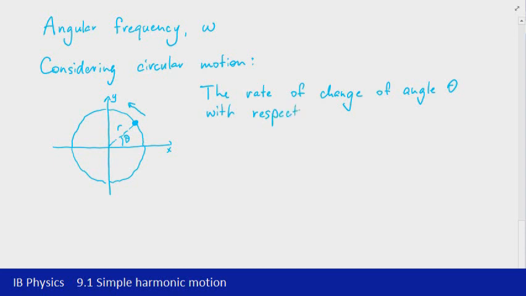And it might seem a little bit confusing, but the symbol that we're going to use there is the same as the symbol for angular frequency, and we'll explain why that is in a second. So it's angular velocity, and the symbol, as I said, is omega, and so we can identify that omega is just the change of the angle theta over time.